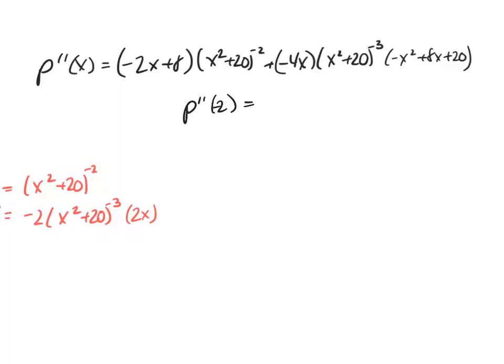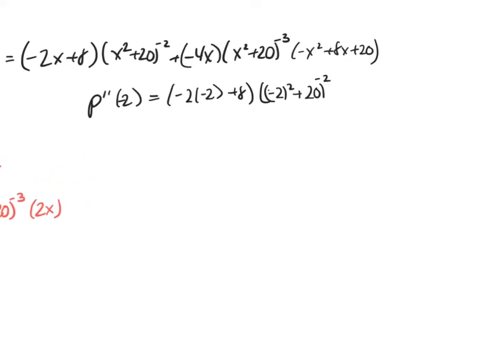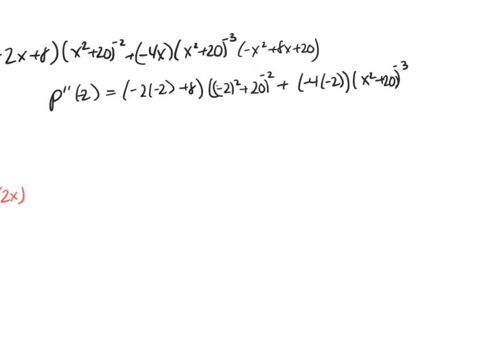I'm going to get my calculator out, and I'm going to do negative 2 multiplied by negative 2 plus 8, and then multiply it by negative 2 squared plus 20 raised to the negative 2, plus negative 4 multiplied by negative 2, and then x squared plus 20 raised to the negative 3, multiplied by negative 2 squared plus 8 times negative 2 plus 20.